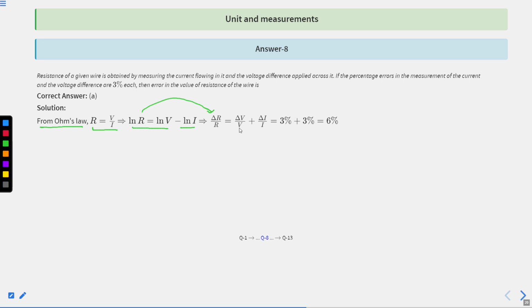And delta V by V plus delta I upon I. So here this is 3% and this is 3%. Final answer is 6%. Voltage difference is 3% and current is 3%. So correct answer is A, 6%.